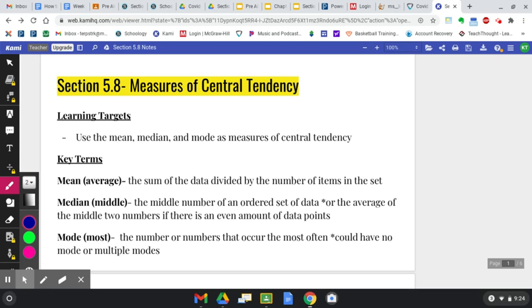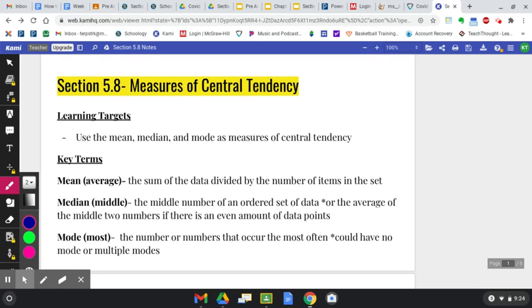And you could have multiple modes, or you could have no modes, meaning they're all the same number of occurrences in the set. Or you could have a couple of them that have the same number of occurrences, so there'll be multiple modes there, and we'll look at those examples as we go through. So the mean is the average, the median is the middle, and the mode is the most.